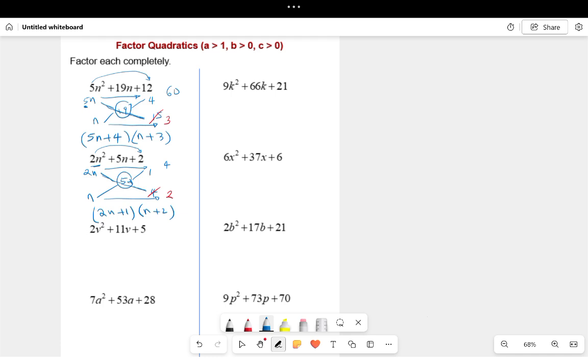All right, so here we are going to write 2 times 5, it's 10. Now I drop this 11 over here, in the circle. Then I just do my arrows, my lines like that. Then 2v squared can be split into 2v and v, because 2v times v is 2v squared. Now I need to figure out two numbers.